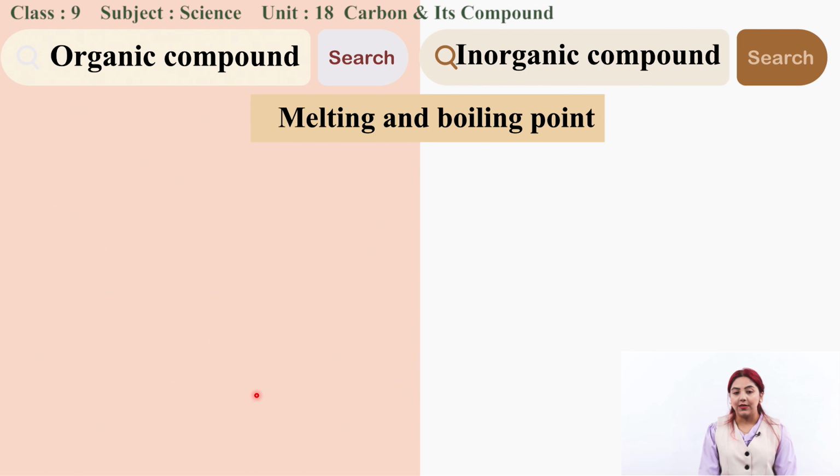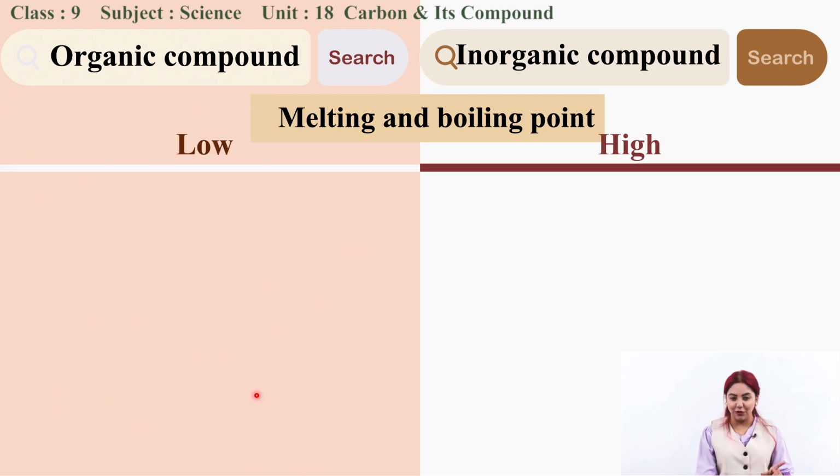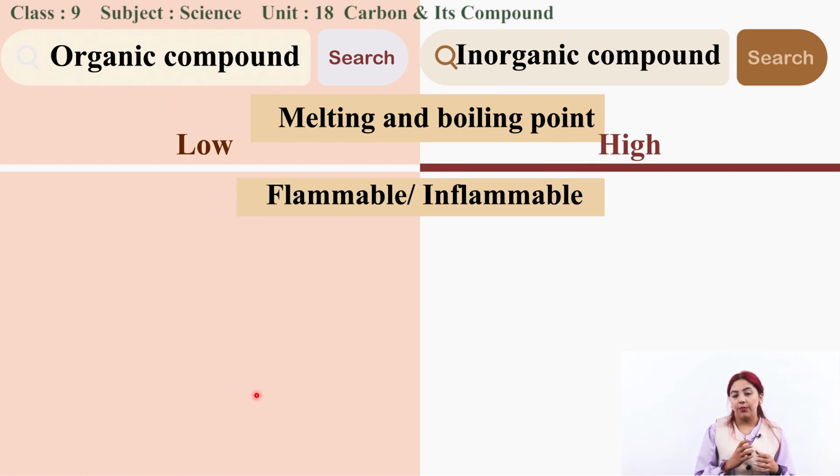Now, another difference is melting and boiling point. Now which has a higher melting point and which has a lower melting point? Yes, organic compounds have a low melting point and inorganic compounds have a higher melting point. Now, which of them can burn easily and which does not burn easily?